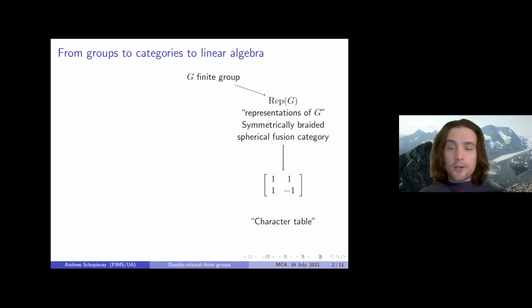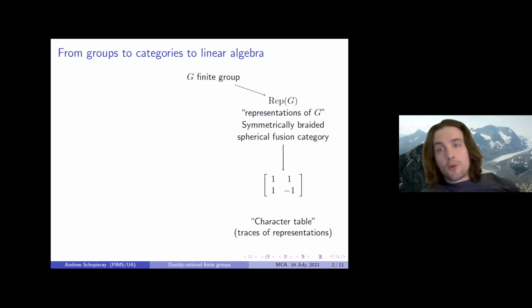So the character table, as hopefully we're all familiar with, is looking at traces of endomorphisms, or you can think of just as traces of the representations. So we get very simple arrays of numbers. And here I've illustrated just for show the character table for the cyclic group of order 2.